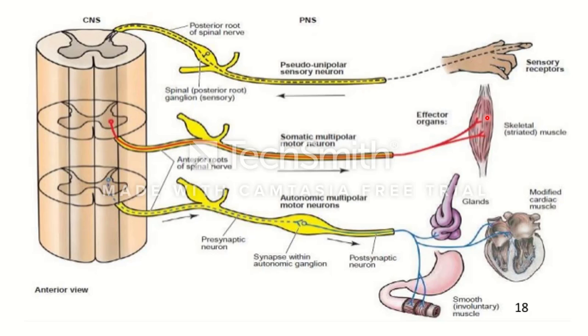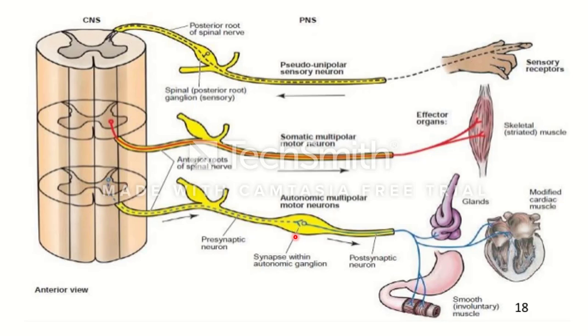Okay, and this neuron is a motor neuron, because it is conveying the electrical impulses toward the muscle of the viscera. Okay, a smooth muscle of the viscera and the cells of the gland.